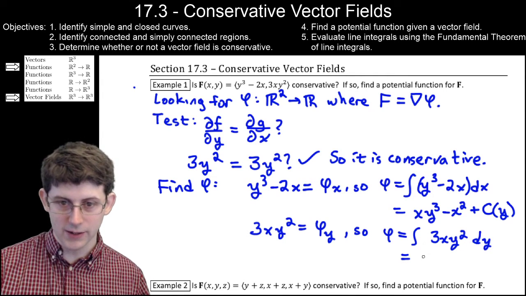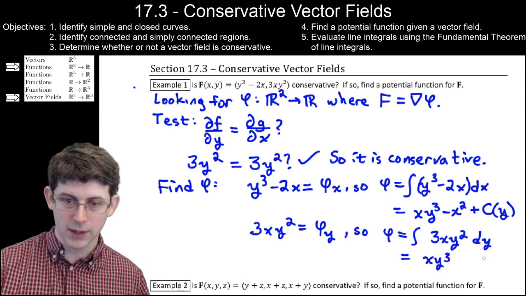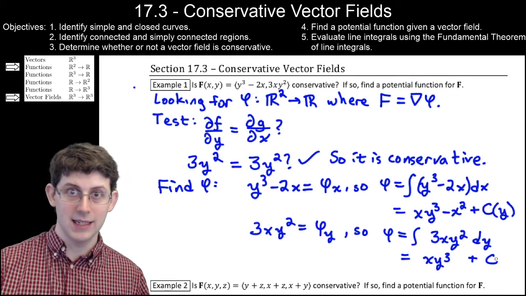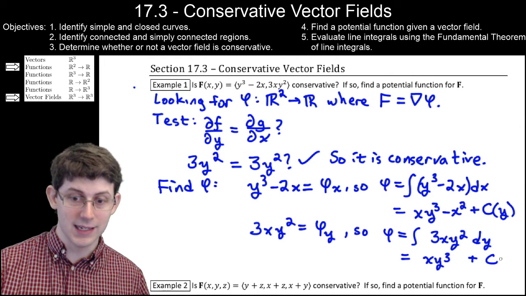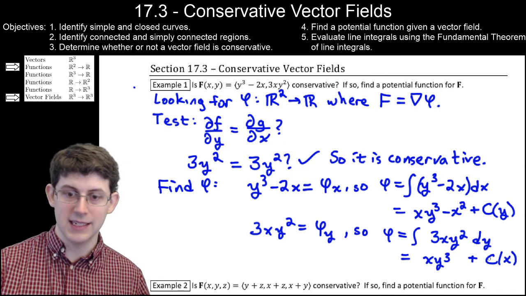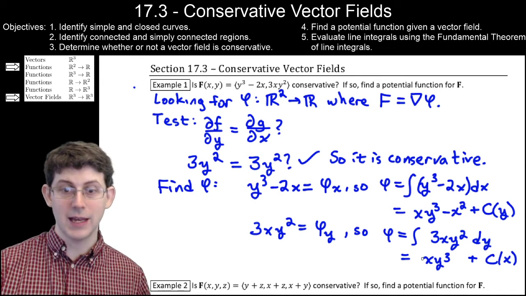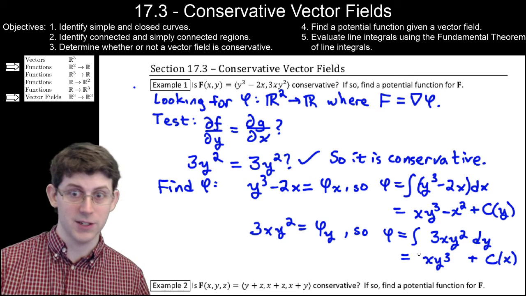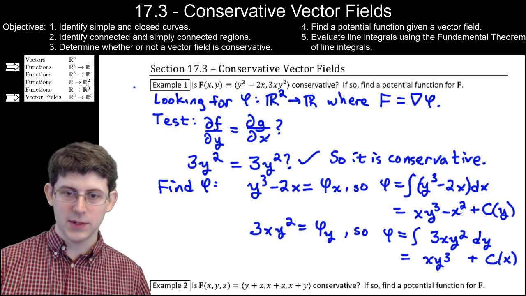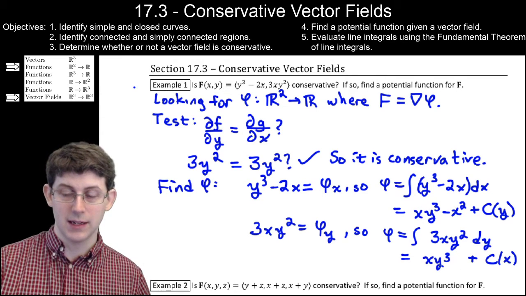So do the y integral, we get xy cubed plus c. This c just means that there's no y's in this part. This c is a function of x. Between the two pieces, you'll be able to piece together a function phi that works. This one says all the x's are in these terms, and this one says all the y's are in these terms.